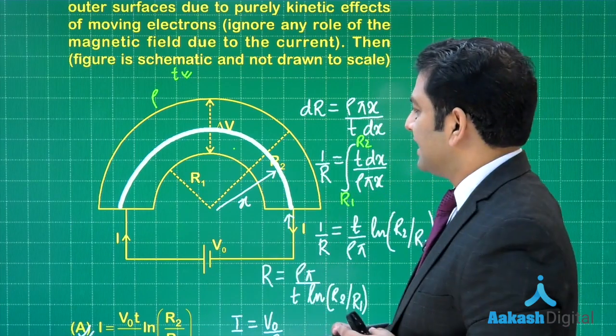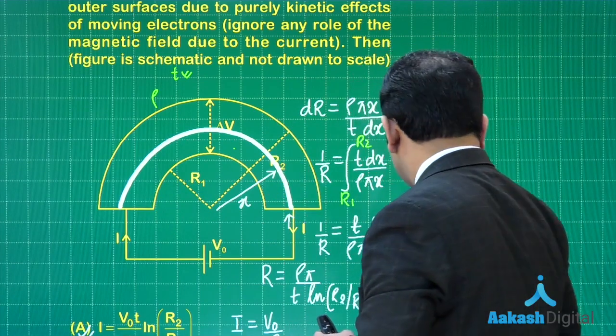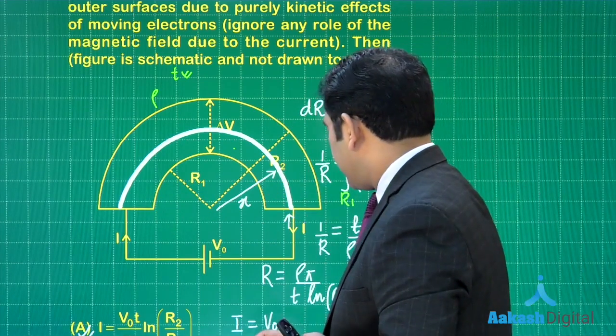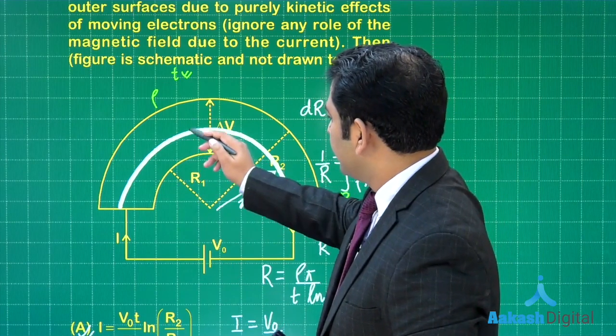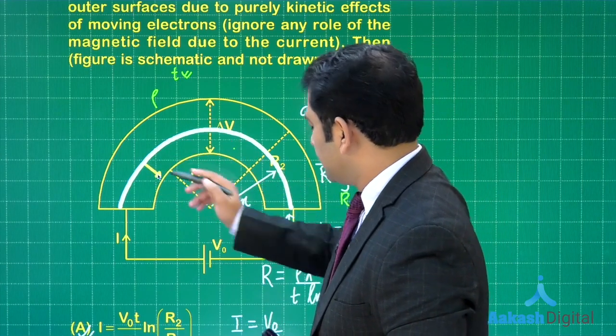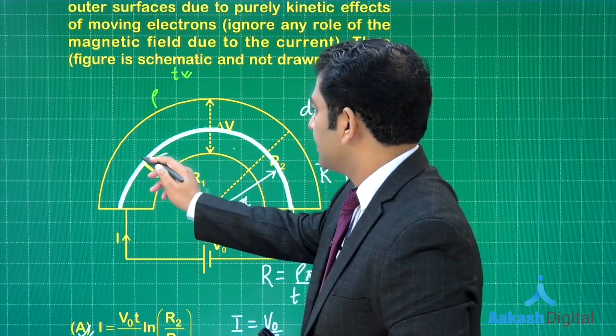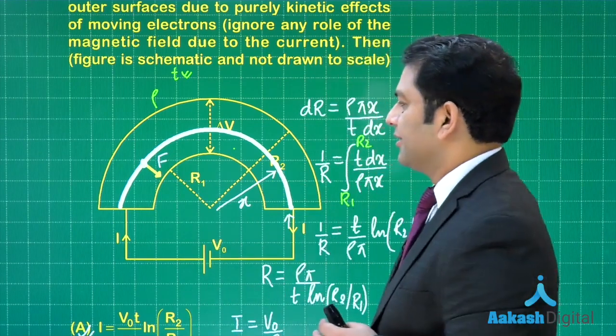Now just try to understand, if the electrons are moving, the centripetal force, of course, has to be directed in this direction, right? So you consider any electron which is moving, so this is the direction of centripetal force. You consider any given electron here.